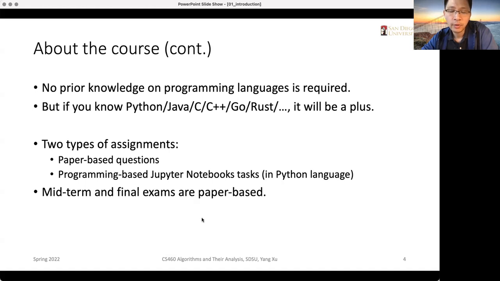And there will be one midterm exam and one final exam. For those exams, all questions will be paper-based. Okay, and all exams will be in person in the classroom. Yeah, unless there's a future change in teaching mode or studying mode from the university.